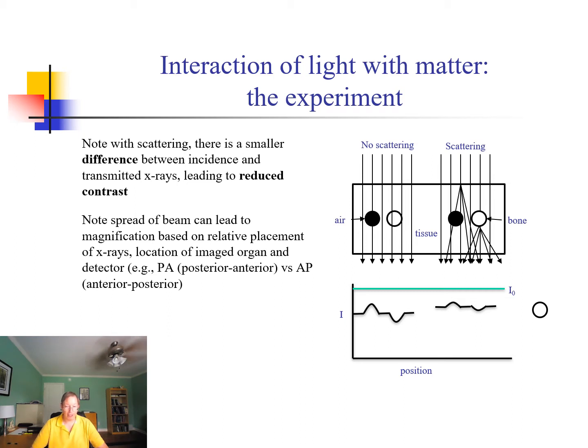And then imagine that I also had a little area that would have bone in it with calcium phosphate, and that calcium would absorb more of the X-rays than the surrounding tissue. So if I looked at the initial intensity going through, I would have some attenuation or absorption, reduction in that intensity from the absorption, and that I would see as I'm going through tissue.